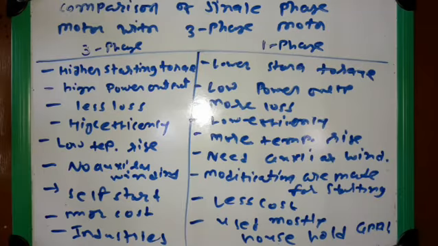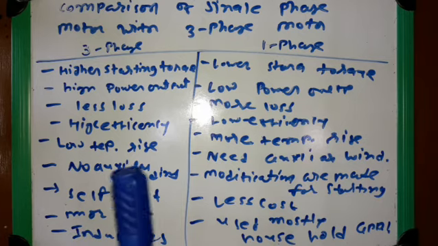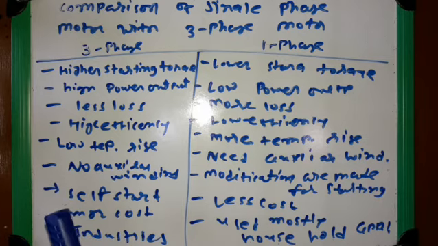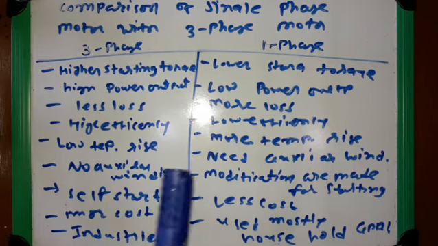Now the comparison of the single phase induction motor and the three phase induction motor. First we see that the three phase induction motor has a high starting torque, whereas the single phase induction motor has low starting torque. The three phase induction motor has high power output, whereas the single phase induction motor has low power output.